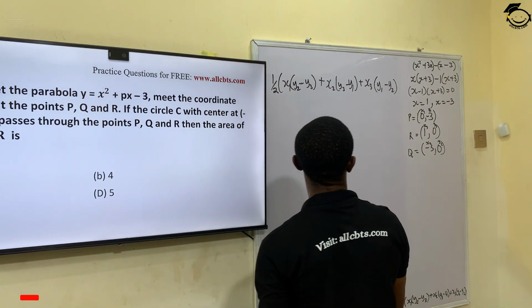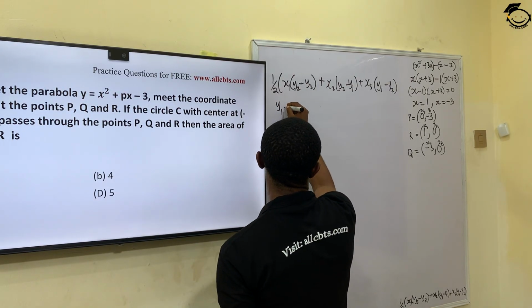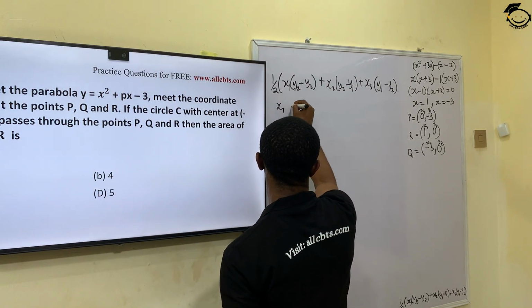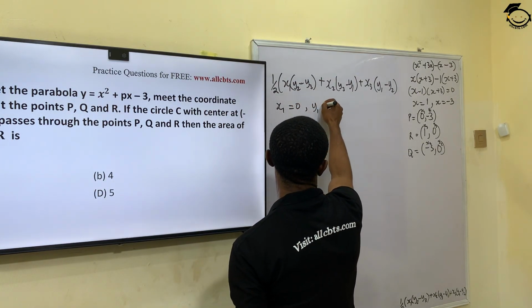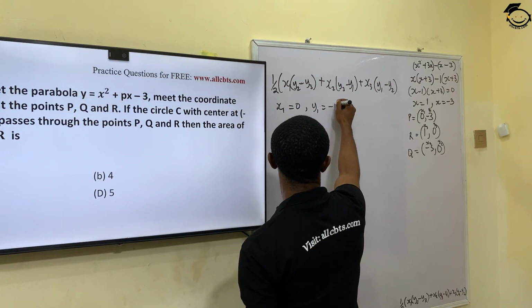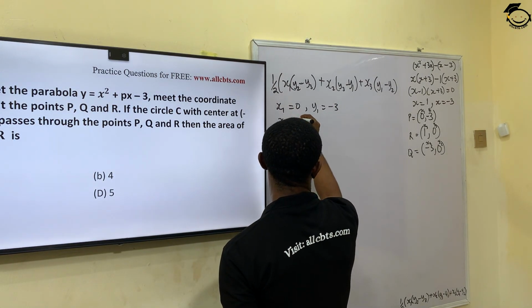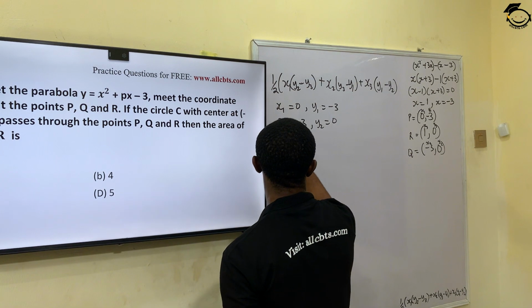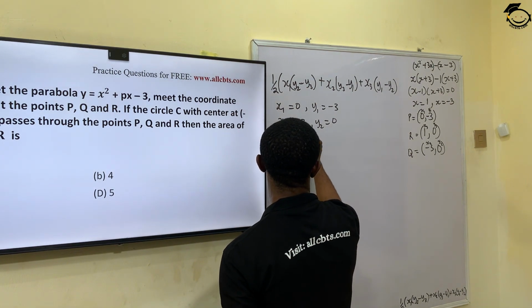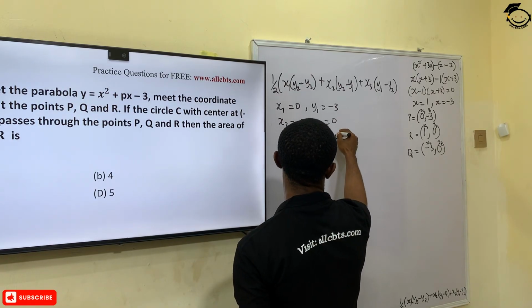Now, let's start with x1 is 0, y1 is minus 3, and x2 is minus 3, and y2 is 0. x3 is 1, and y3 is 0.